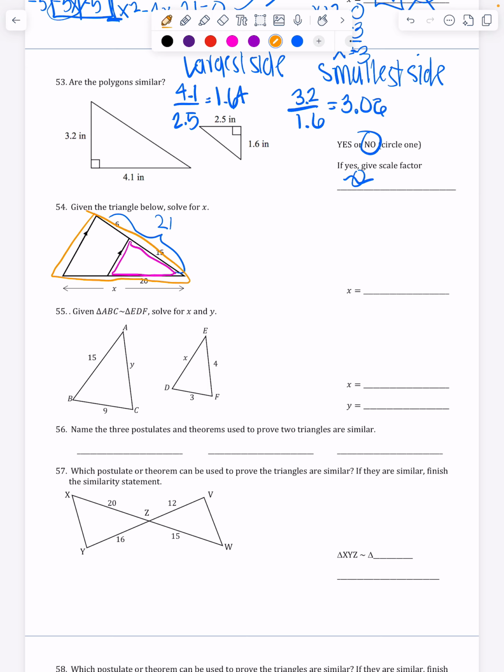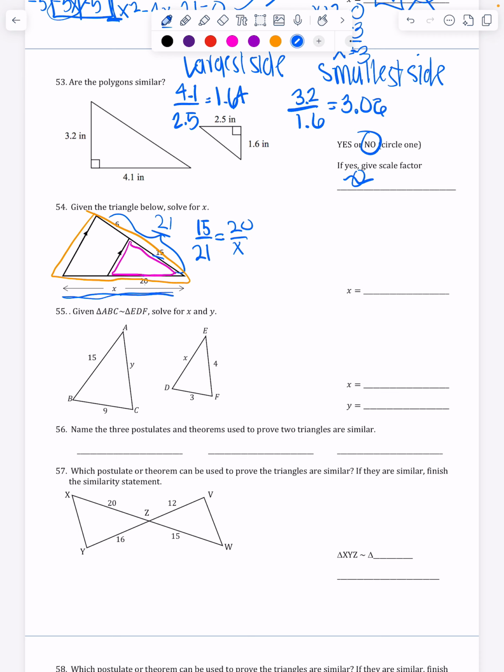So what I'm going to do is I'm going to take my corresponding sides. I'm going to take the 15 of the pink one, and I'm going to put it over the corresponding side of the larger one, 21. And then I am going to set it equal to 20, so the opposite side of the smaller one, and put it over x, this longer side, corresponding to the 20 side of this triangle.